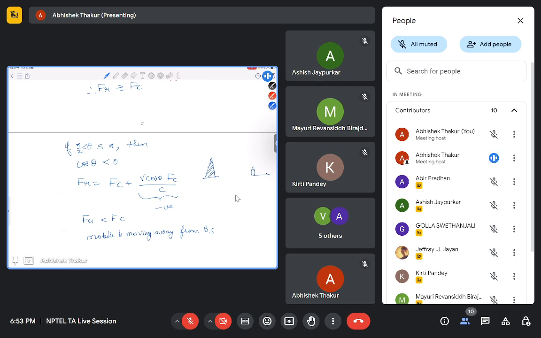Now if this is moving away from the base station, then the angle theta will be greater than pi by 2 and less than pi. Okay, so in this case the mobile is moving away from the base station.